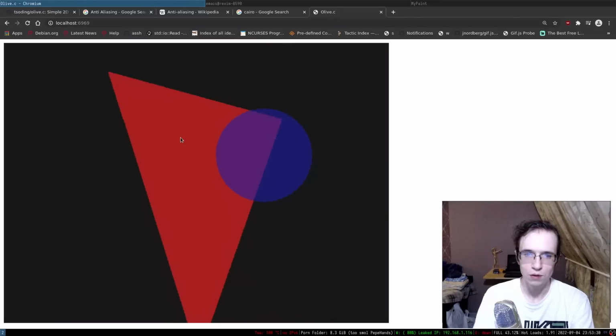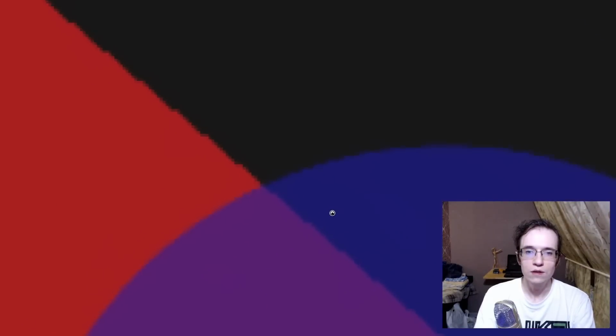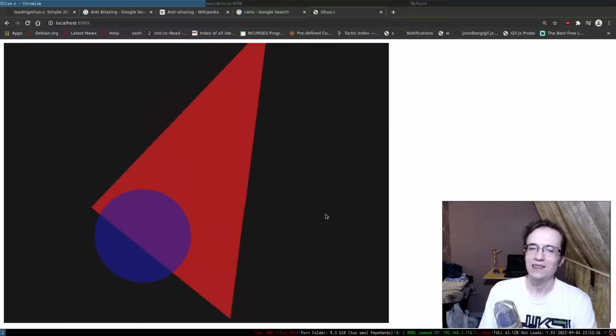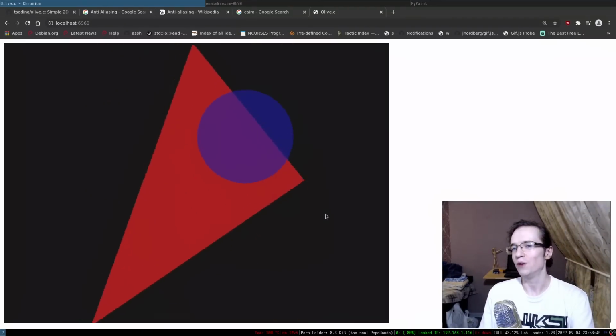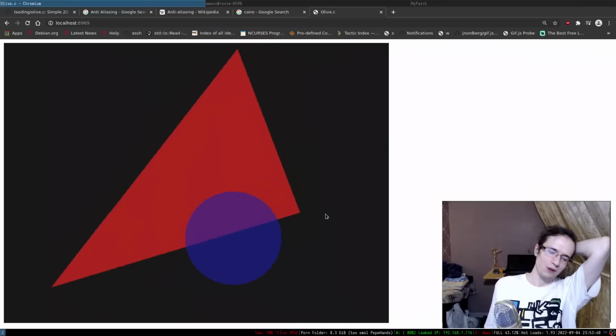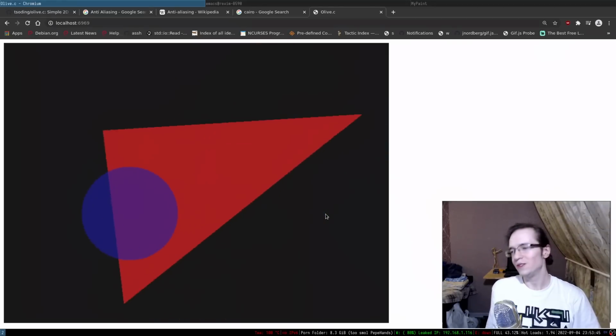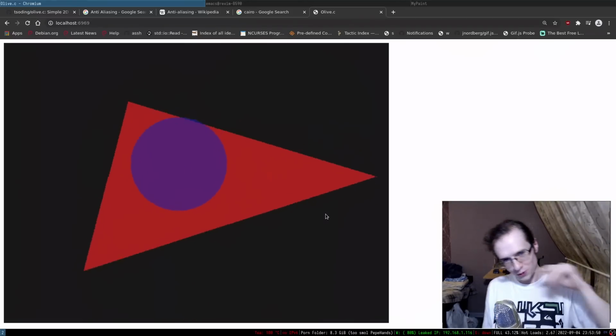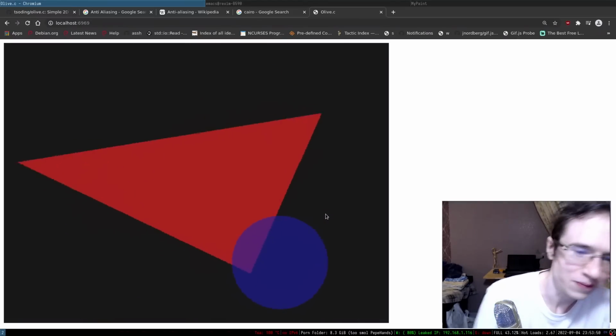This is the same example. And let's take a look at the thing in here. Well, I mean, okay. We have an anti-aliasing that is done by the browser, apparently. So it's not really anti-aliasing. I suppose it's like a bilinear interpolation of some sort. But yeah, it's kind of fine.